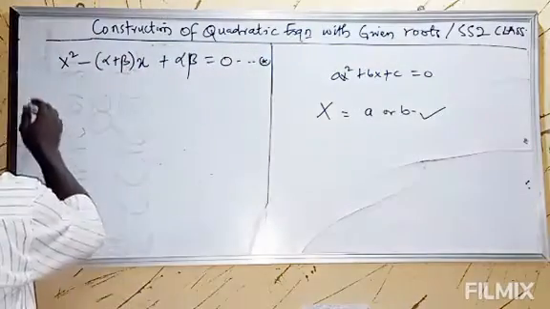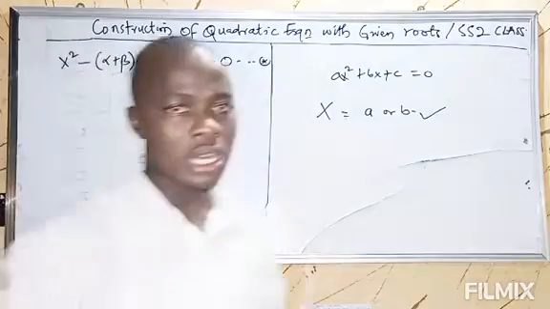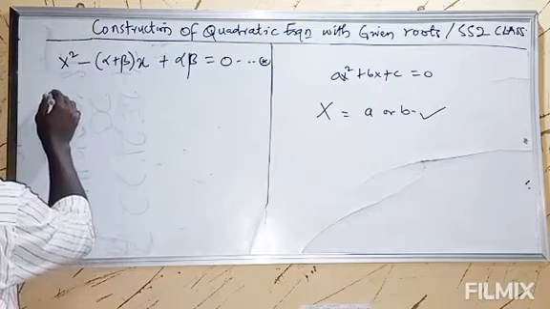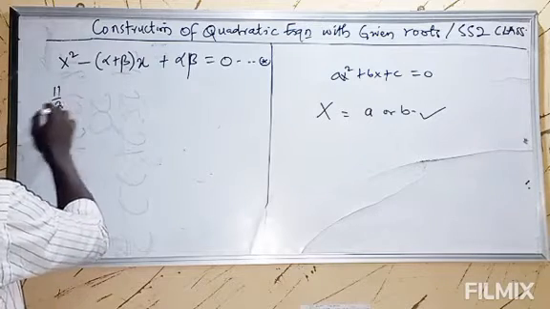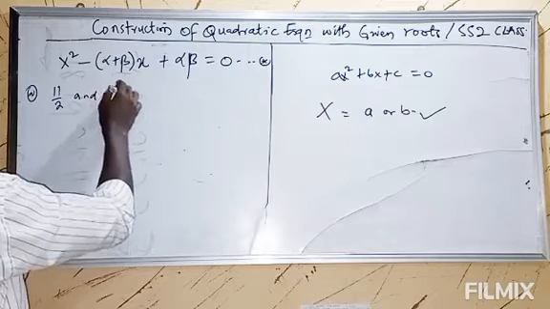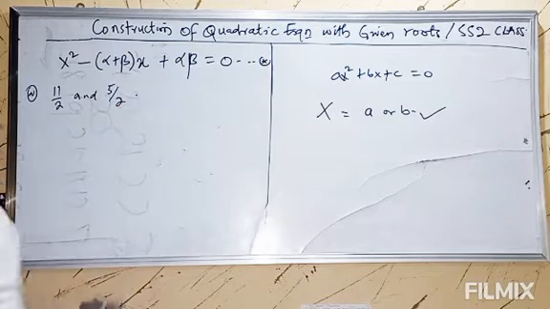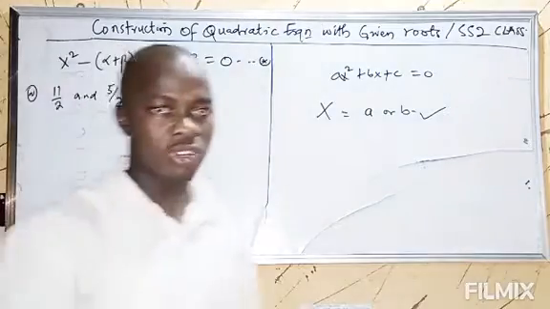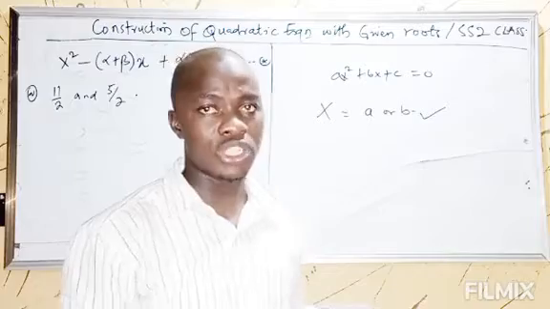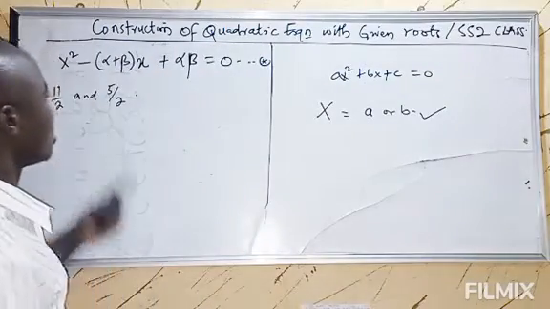Now if they ask us to construct a quadratic equation given, let's say, 11 over 2 and 5 over 2, we are given the two possible values of the roots of the equation.